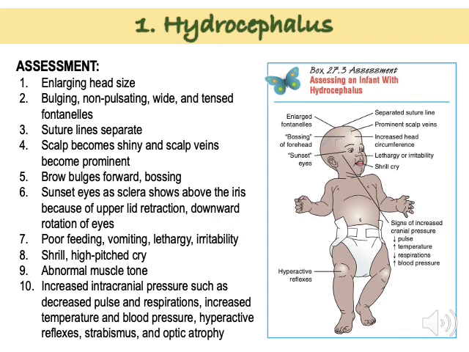The eyebrow bulges forward. There are sunset eyes or downward rotation of eyes. There's poor feeding, vomiting, lethargy, irritability. The cry is shrill and high-pitched. There's an abnormal muscle tone, and what we need to check the most are signs of increased ICP.